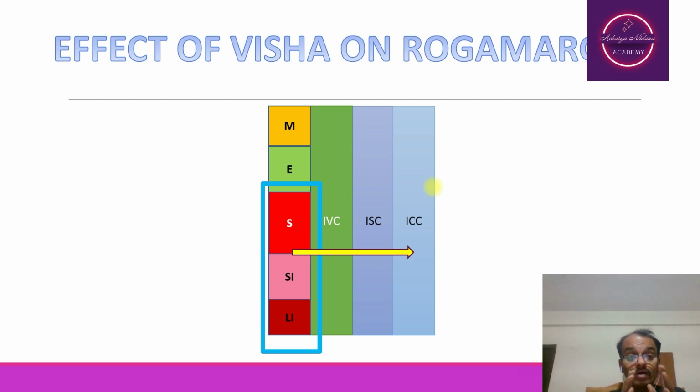whenever you think about the alimentary canal, most of the Visha which enter through the mouth will initially move into the stomach. When they enter the stomach, they are considered to have Ushna and Tikshna Guna, which will be responsible for inflammation in the stomach region.